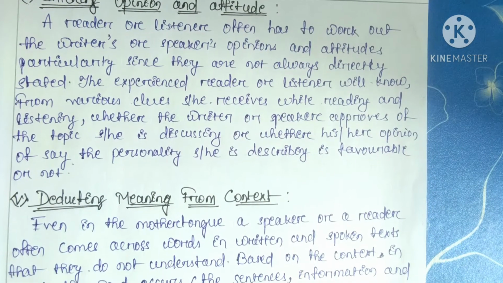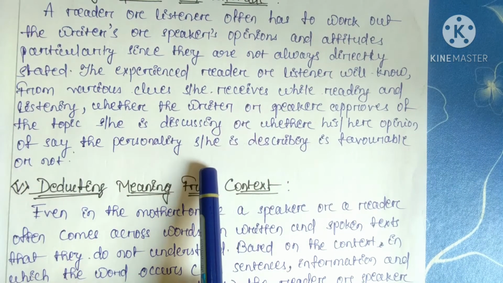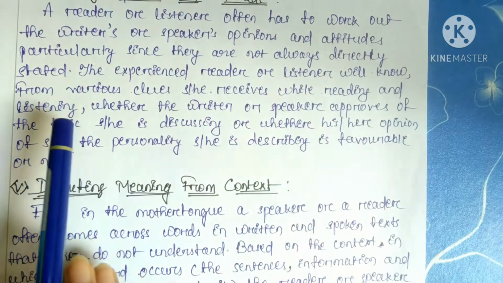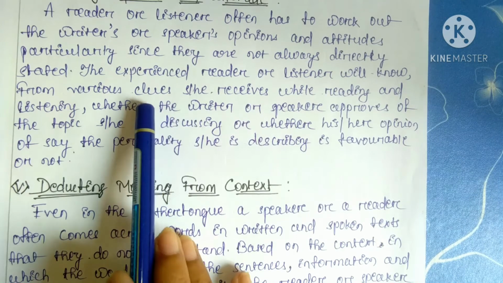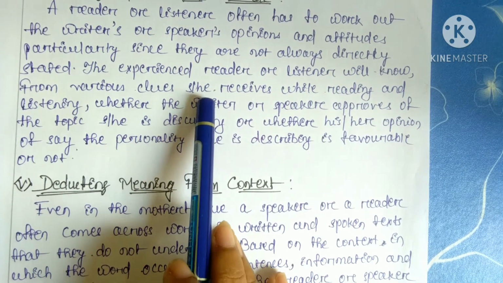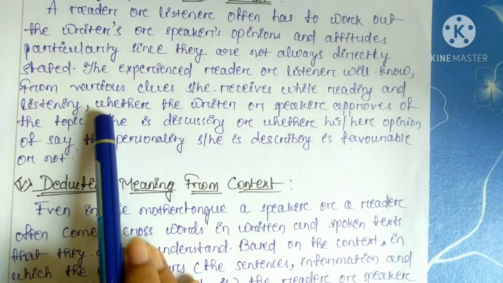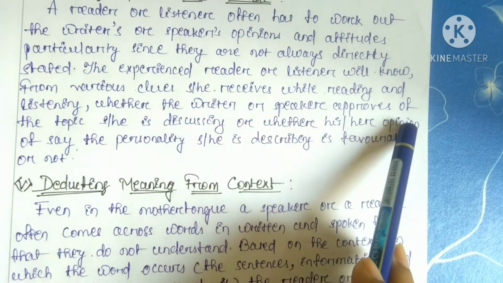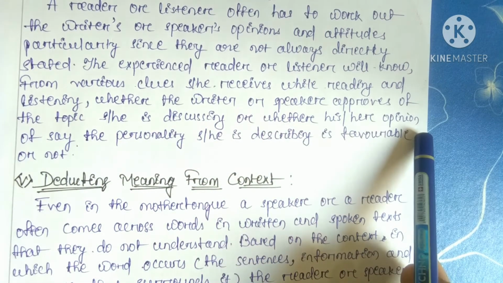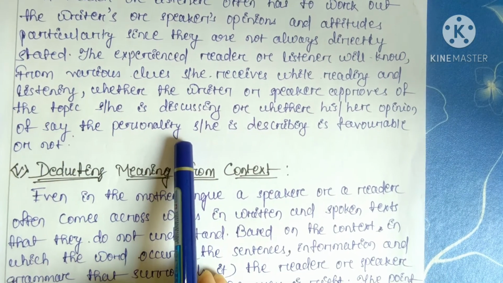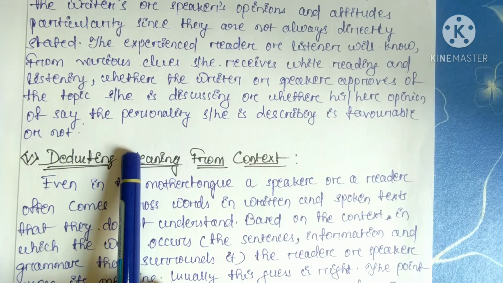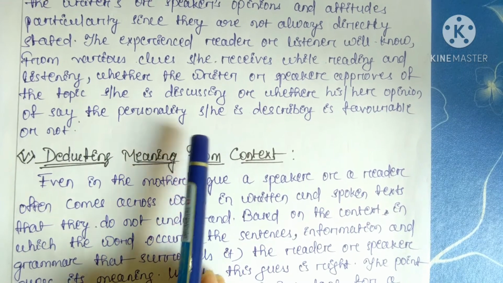From the paragraphs or the tape recording material, the reader or listener will know from various clues, various hints given, whether the writer or speaker approves of the topic being discussed, or whether his or her opinion of, say, the personality being described is favorable or not. It is the individual opinion of the learner.